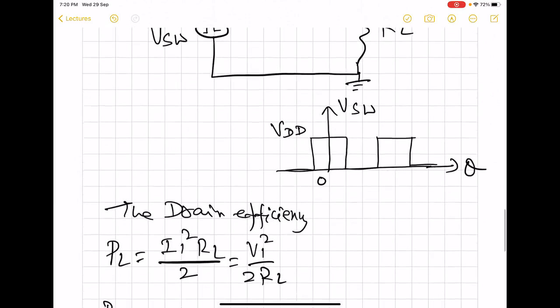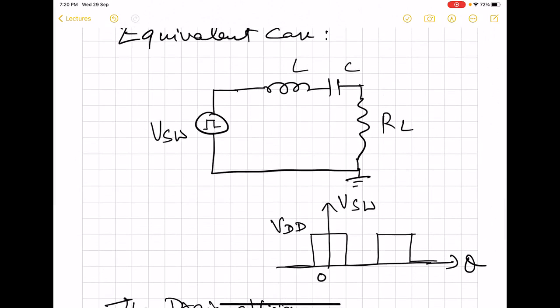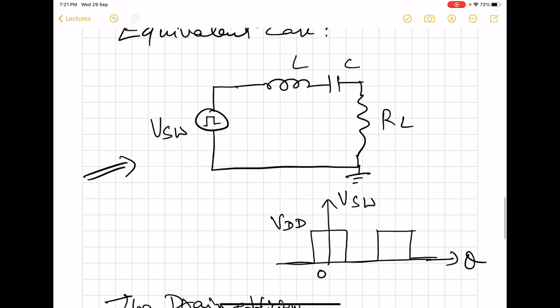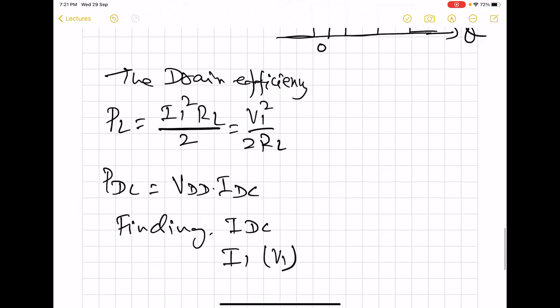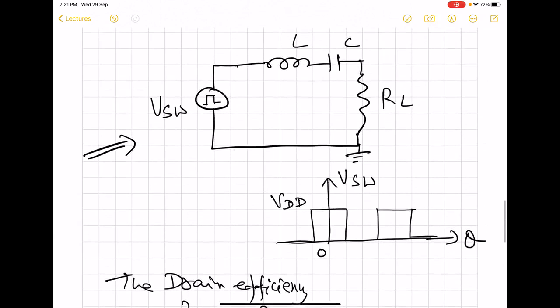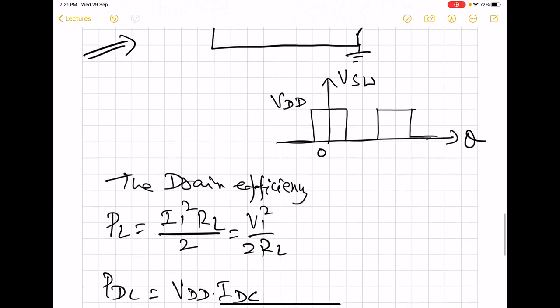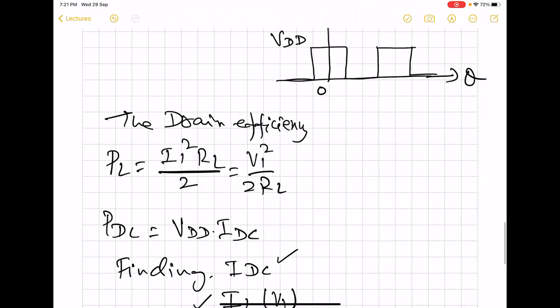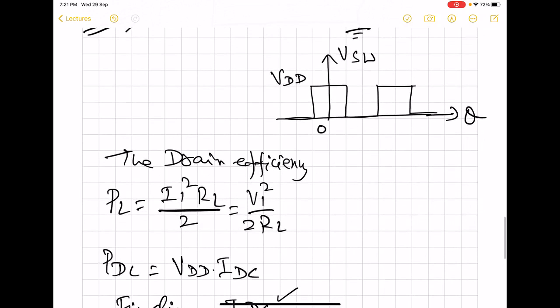Now, when we analyze the circuit, ultimately it is this circuit which we have to study. For this circuit, we have to find out this DC and the fundamental current or fundamental voltage. The fundamental current through here is going to be sinusoidal. We have already seen that the source is this one.